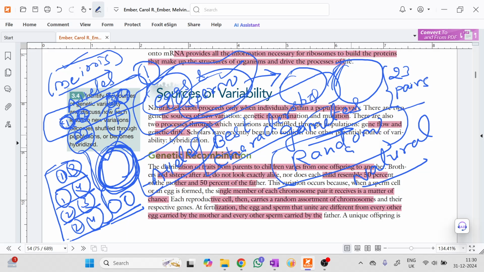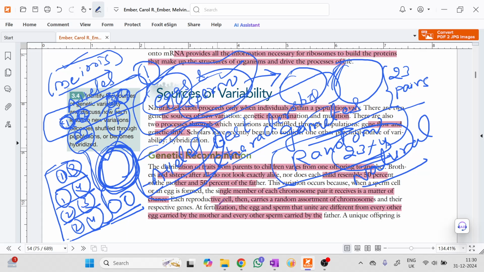So that many possibilities are there, and which gene will be inherited, which form of allele will be inherited, is all a matter of chance. So that's why this process is quite different.